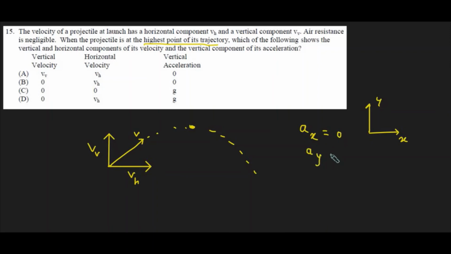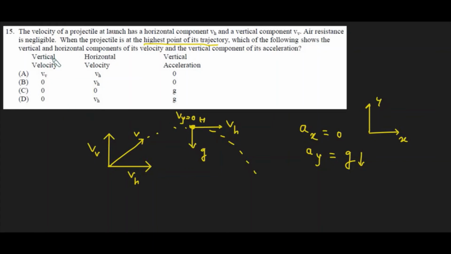Acceleration along the vertical direction is always the same as gravitational acceleration, g, in the downward direction. This means at the maximum point the velocity along the horizontal direction would always be the same, because the acceleration along x is 0. The vertical acceleration at the maximum point would be g downward, and since this is the maximum height, there is no component of velocity along the vertical direction, which means vy is 0 here.